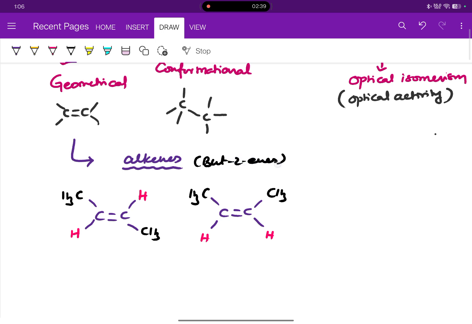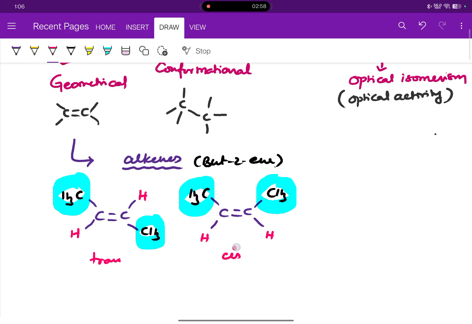Both are butenes. But the problem with it is, how is the methyl group spatially oriented? Is the methyl group in the opposite direction or in the same direction? If it is in the opposite direction, we call it the trans isomer. This is the cis isomer.